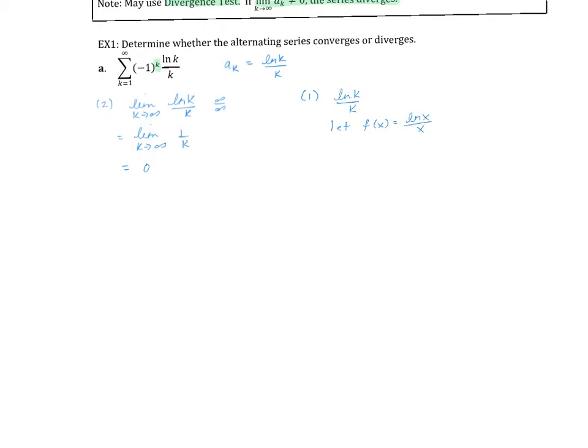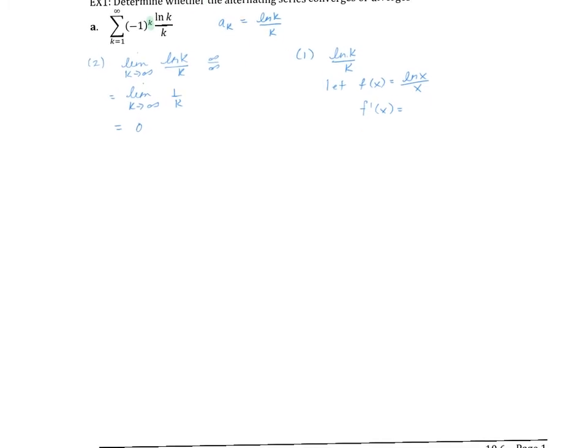And in calculus, if the derivative is negative, the function is decreasing. So that's all we have to do, is compute the derivative. Again, the only reason why I'm doing this is because it's not clear whether this is non-increasing in magnitude. When I compute the derivative using the quotient rule, I get 1 minus natural log of x over x squared.